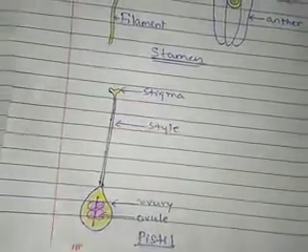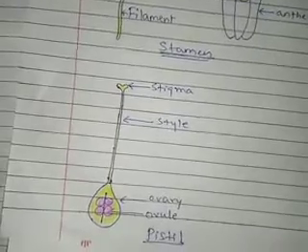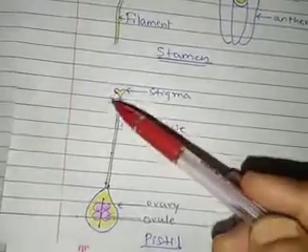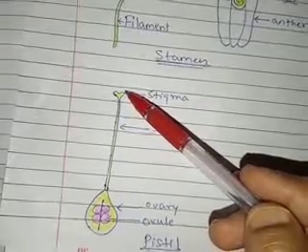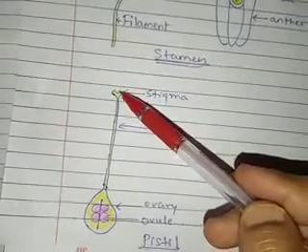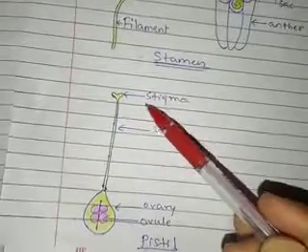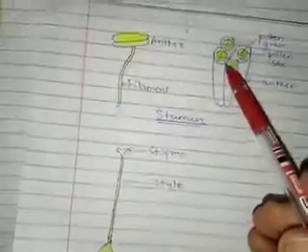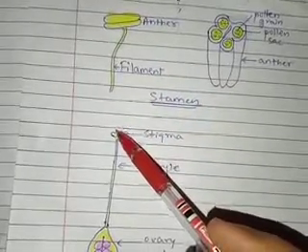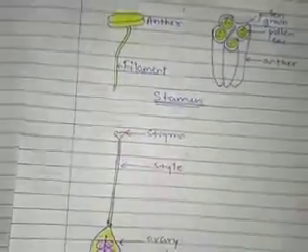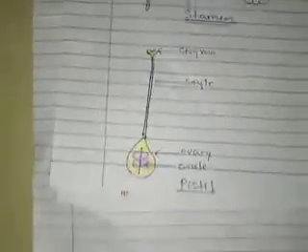So it depends from one plant to another, right? This stigma acts as a landing place for the pollen grain during the pollination period. When the pollen grain is released from the anther, it will come out and fall on the stigma. So stigma is the recipient organ for the pollen grain.